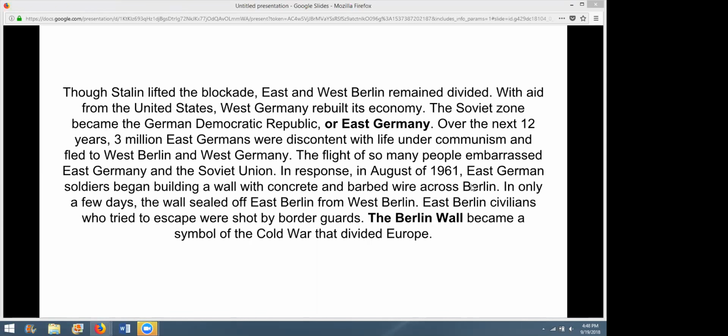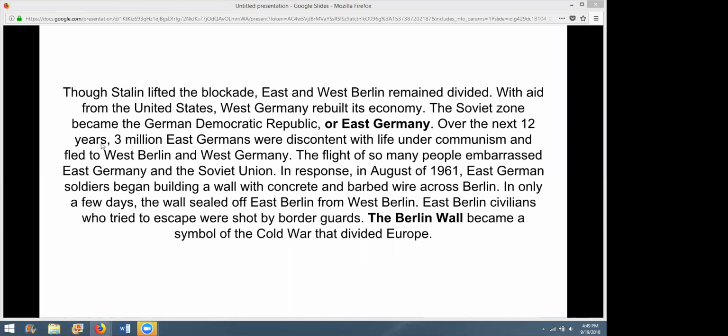In response, in August of 1961, East German soldiers began building a wall with concrete and barbed wire across Berlin. In only a few days, the wall sealed off East Berlin from West Berlin. East Berlin civilians who tried to escape were shot by border guards. The Berlin Wall became a symbol of the Cold War that divided Europe.